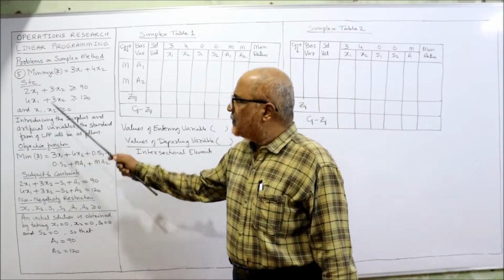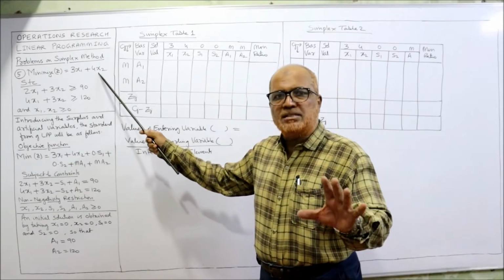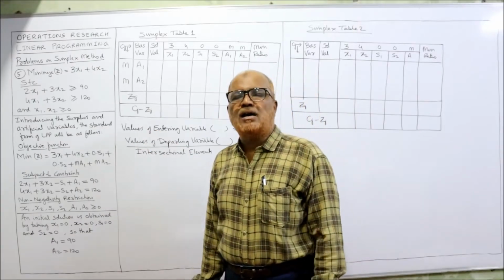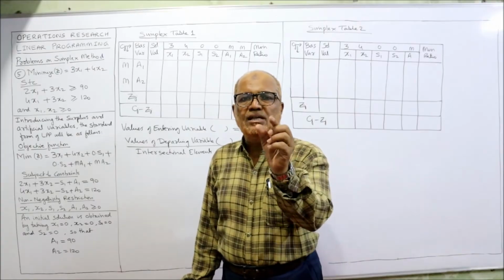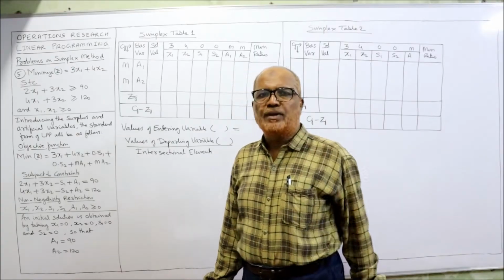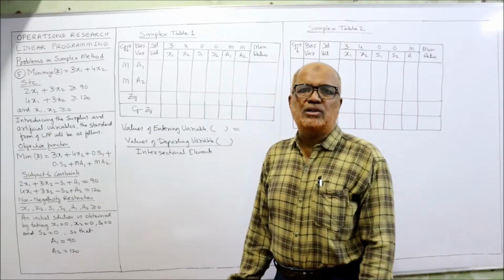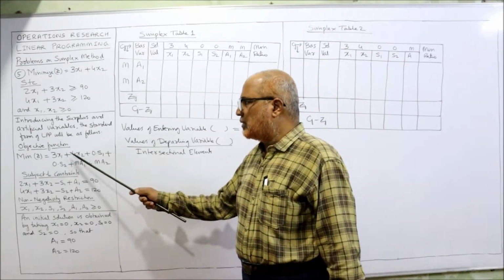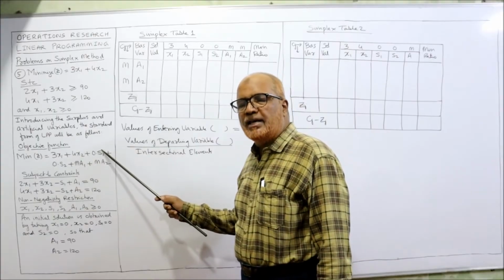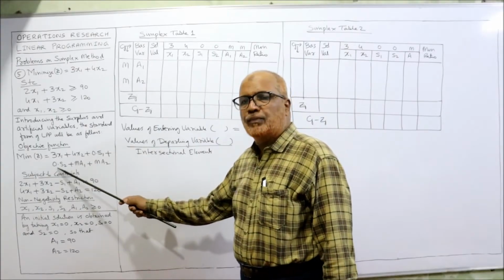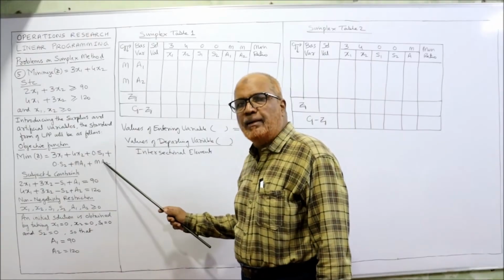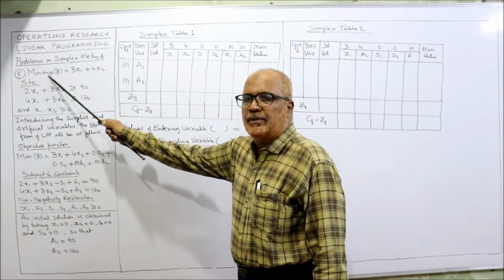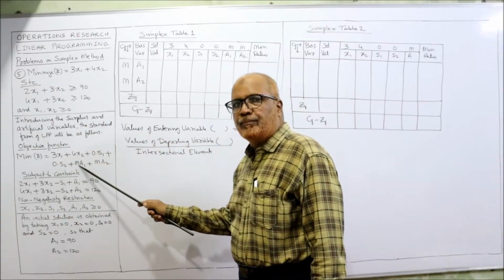The objective function is 3x1 + 4x2 as usual, plus 0 for the surplus variables, and M is the coefficient for the artificial variables. So 3x1 + 4x2 + 0·s1 + 0·s2 + Ma1 + Ma2. Whenever the problem is of minimization type, take +M.